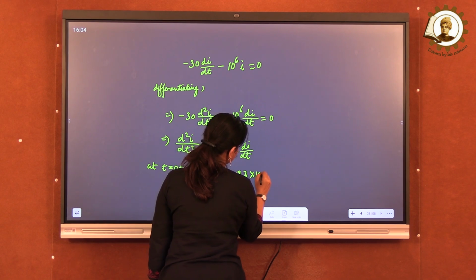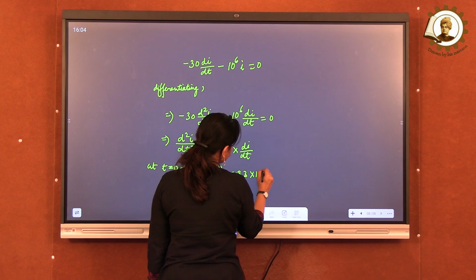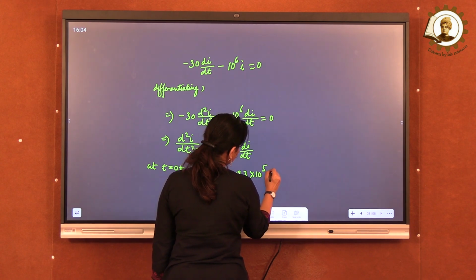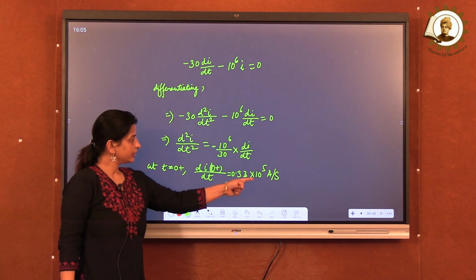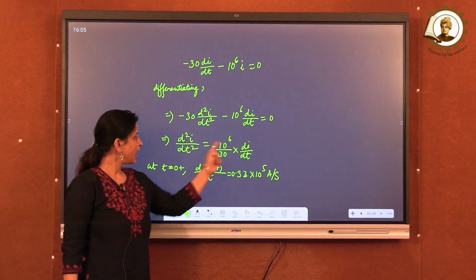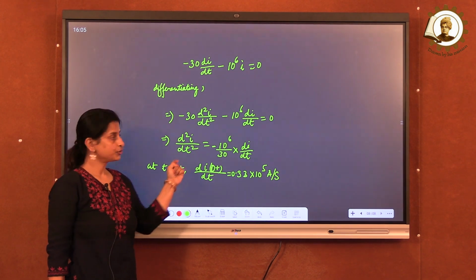We have dI/dt at t equal to 0 plus as 0.33 into 10 to the power 5 ampere per second. Now we simply put this value, 0.33 into 10 to the power 5, here, and we can get d2I/dt2 at t equal to 0 plus.